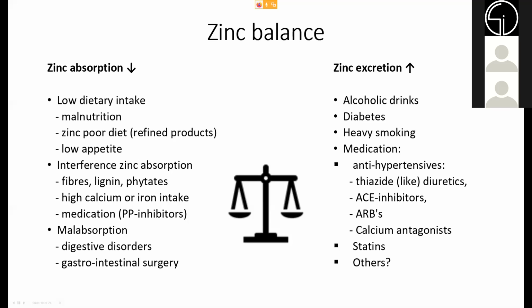On the other hand, zinc excretion is increased with alcoholic drinks and with diabetes. Also, heavy smoking can increase the excretion of zinc. And as we have seen, different medications have this possibility. And about many other pharmaceuticals, drugs, we do not know what their effect is.